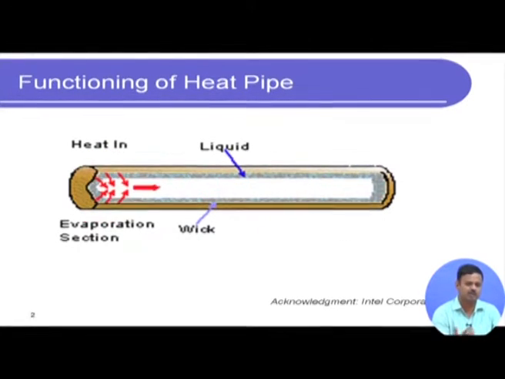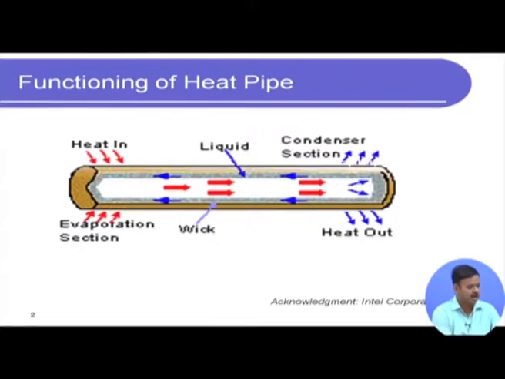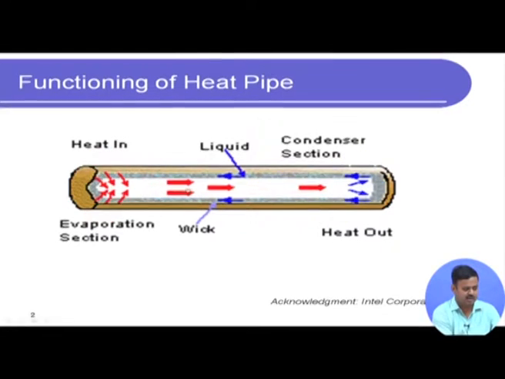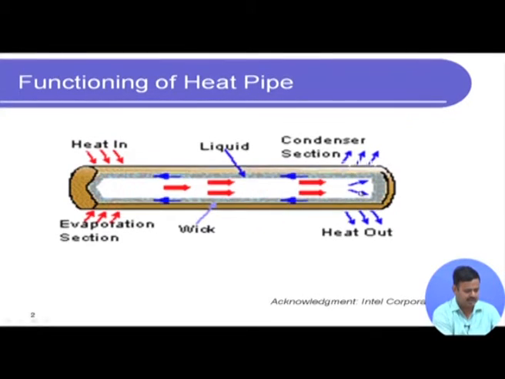Similarly, for other lower pressures, we can get the boiling point or the saturation temperature from steam tables. So, this few drops of water vaporizes, and the vapor starts flowing through the core, which is hollow, from one end to the other end.